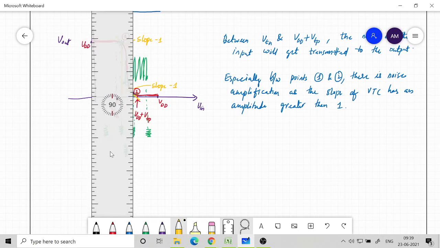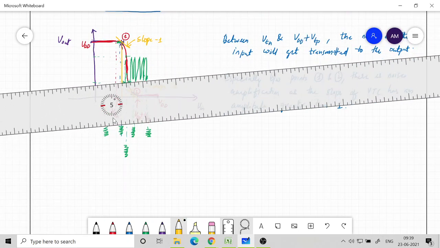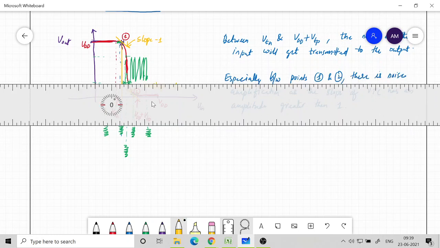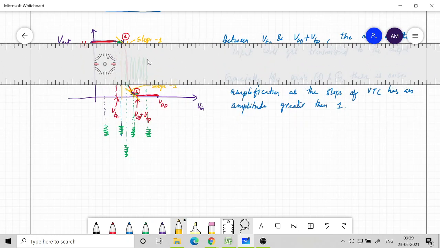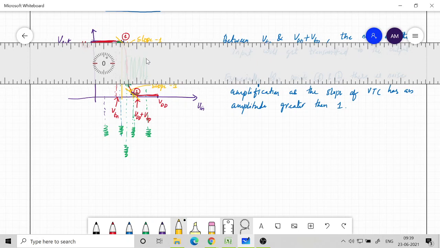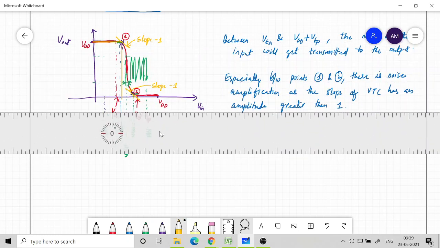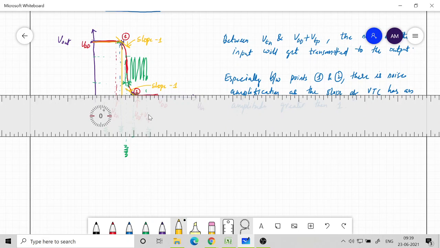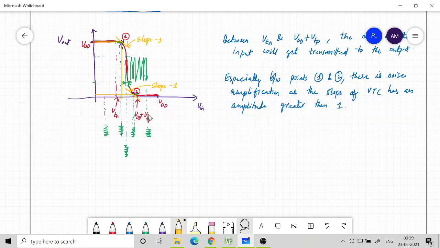Similarly from point 2 I can drop a perpendicular, where the slope is -1, and I can drop a horizontal also. So I get 4 voltages.